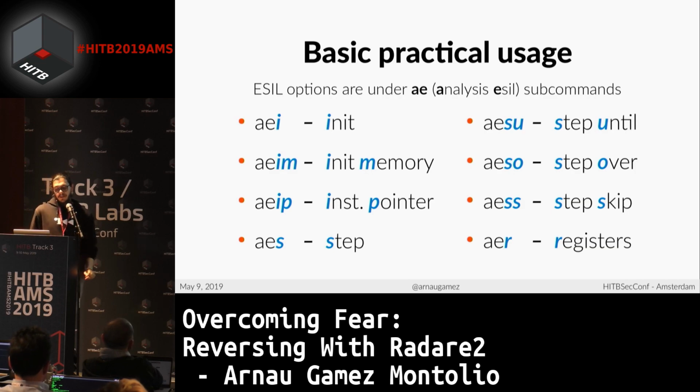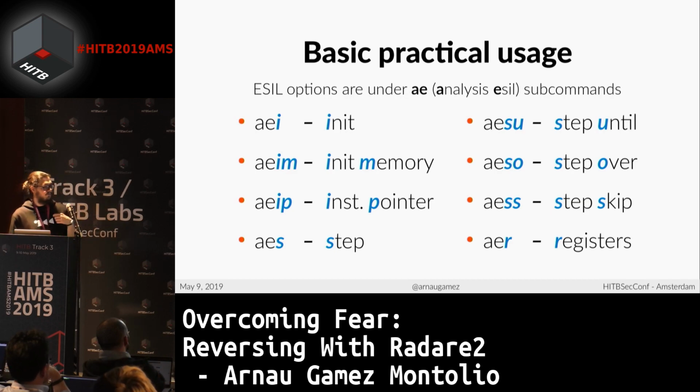It's already done. Then the instruction pointer. Okay, we want to move the instruction pointer, and now we have kind of familiar instructions, if you have debugged something, which is basically stepping until an offset, stepping over to not enter into a function, step skip for skipping some of the instructions, and we can also show the registers.